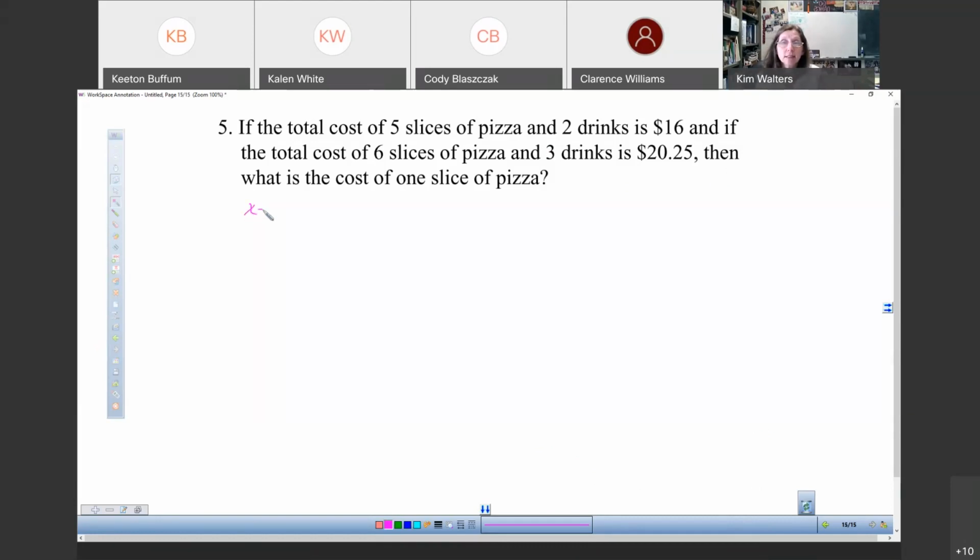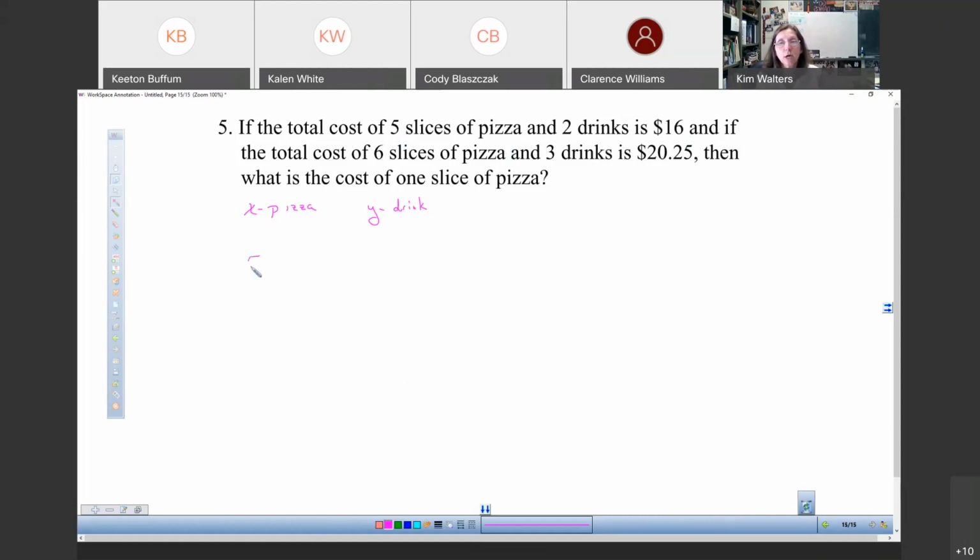We have X that we can call the cost of pizza, and Y is going to be the cost of a drink. So X is the cost of a slice of pizza and Y is the cost of a drink. We have 2 sentences here, and we can write 2 equations for those 2 sentences. The first sentence is 5 slices of pizza and 2 drinks is $16.